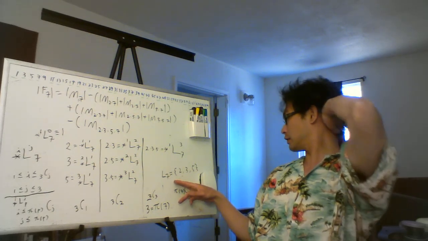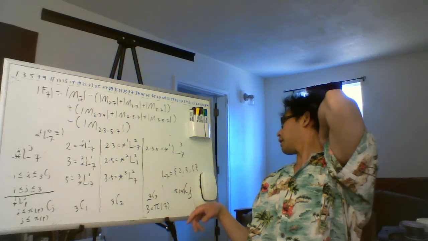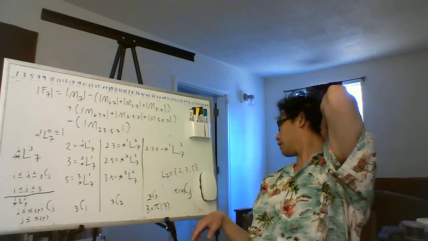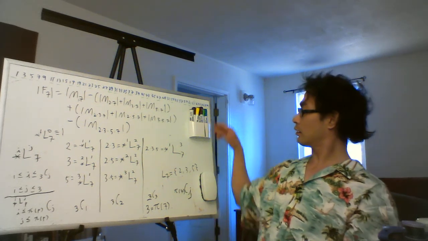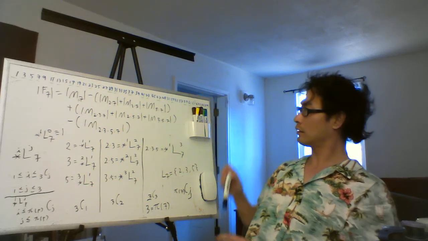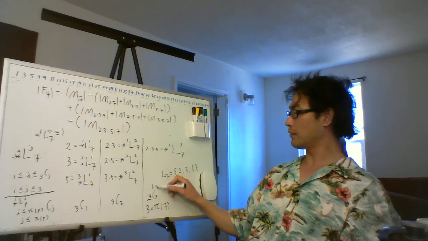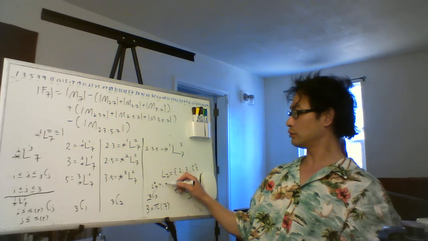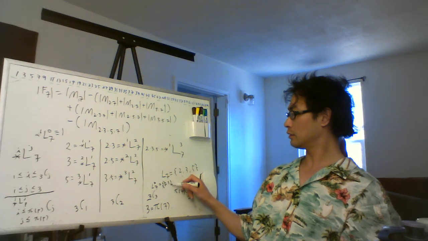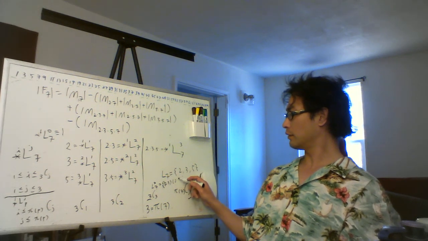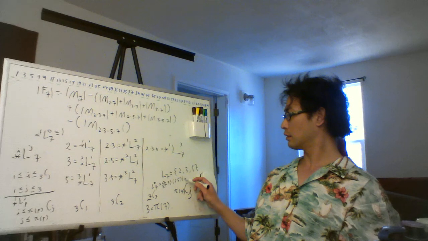And then L7 2 is equal to 2 3, 2 5, 3 5.